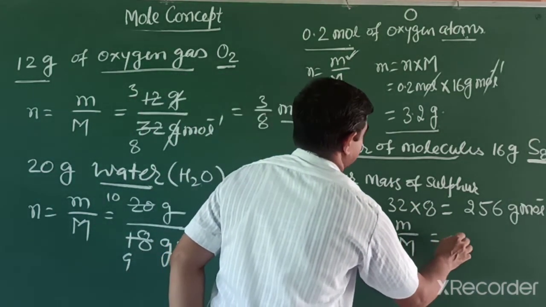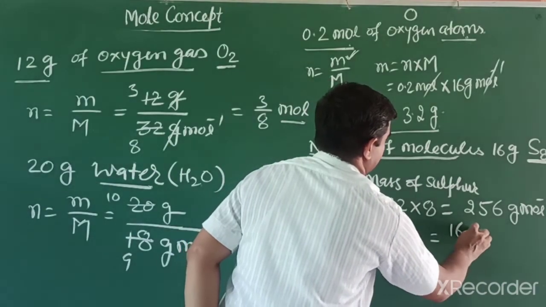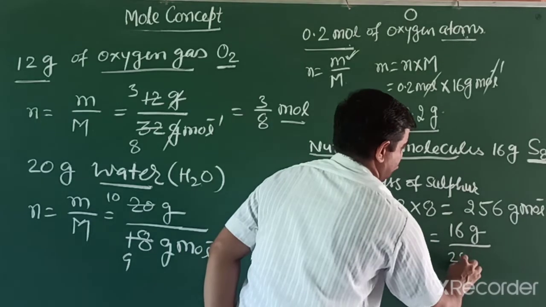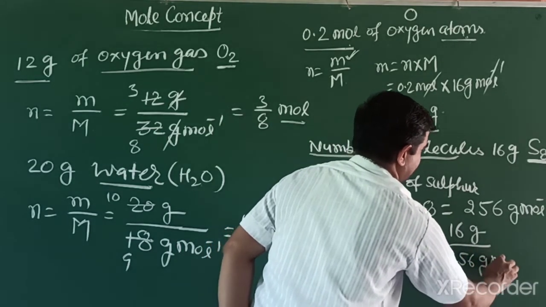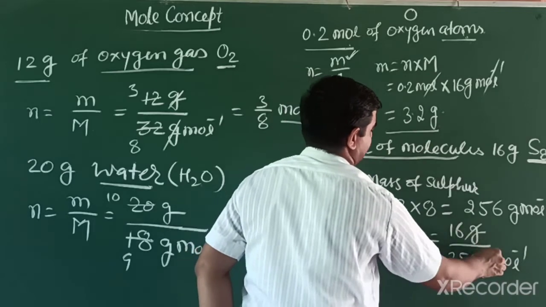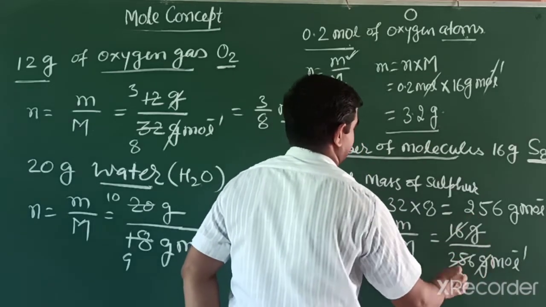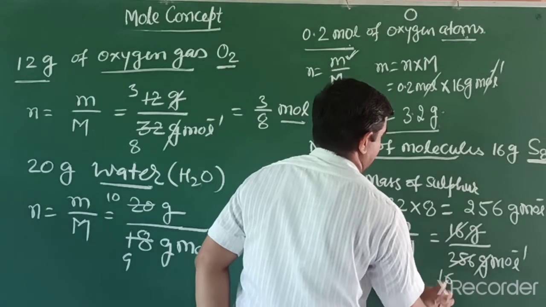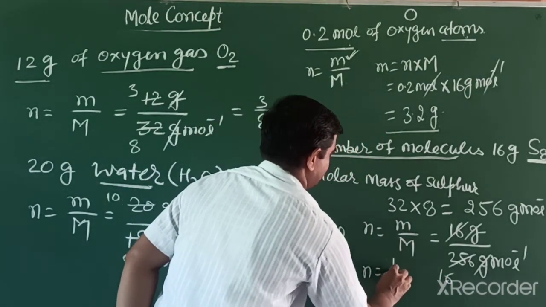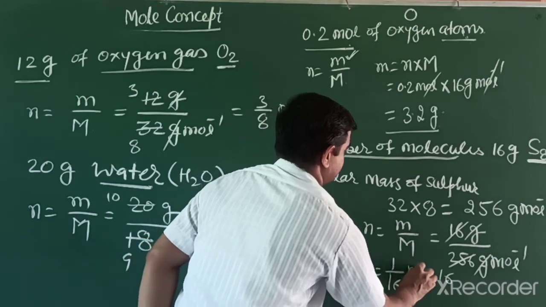So small m is given 16 gram and molar mass 256 gram mole inverse. Dividing by 16, we get n is equal to 1 by 16 mole.